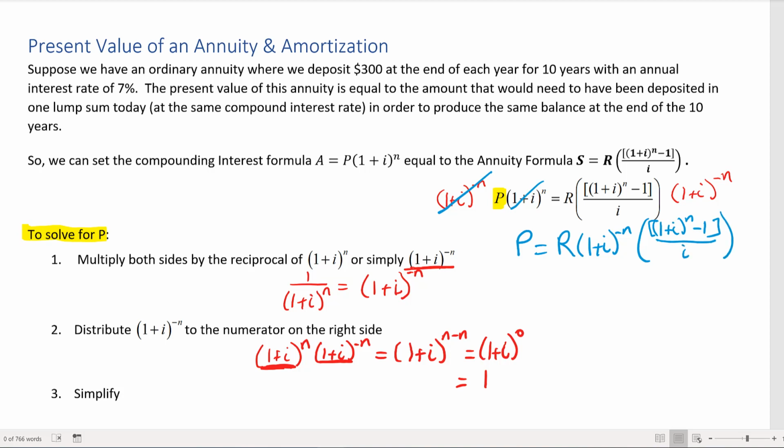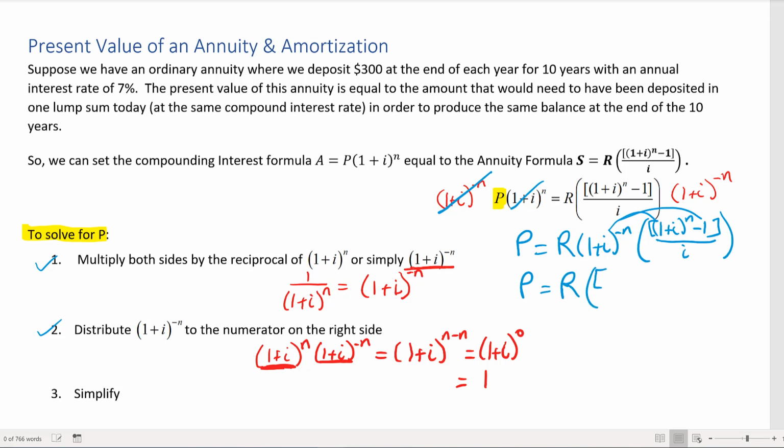Okay, so that was step 1. I multiplied both sides. Now we're at step 2, which says to distribute the (1 + i)^-n through to the numerator. So we have P equals R, and I'm distributing here.